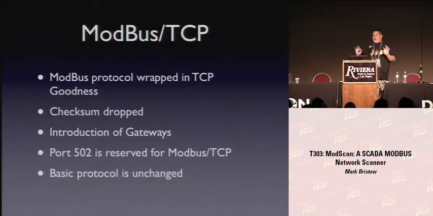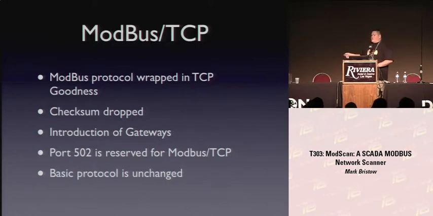So that's Modbus. My tool runs on Modbus TCP, which I said is basically just a wrapper for Modbus. What they did is they had to modify the protocol a little bit because of things like checksum. Why do we care? The TCP/IP layer will take care of all the checksum for us. So why are we going to add that? We introduced gateways.